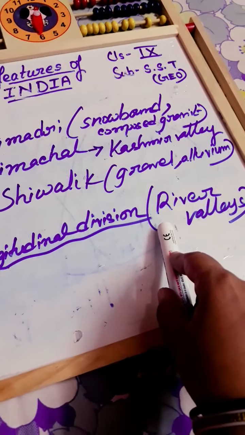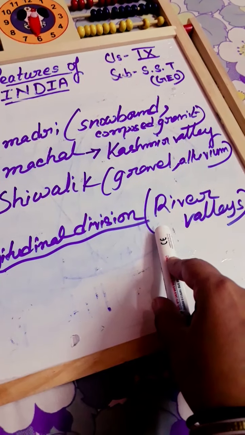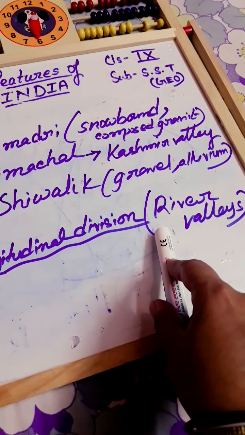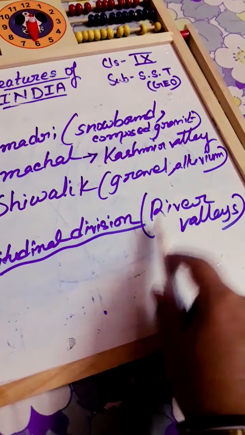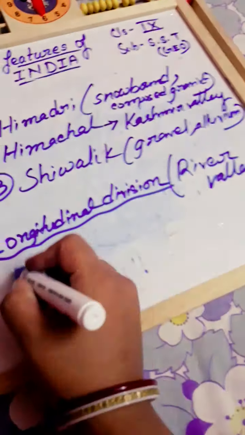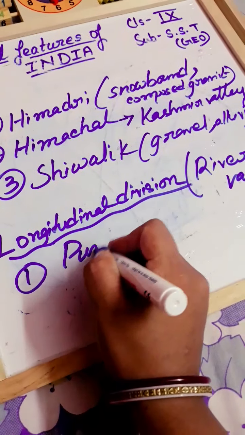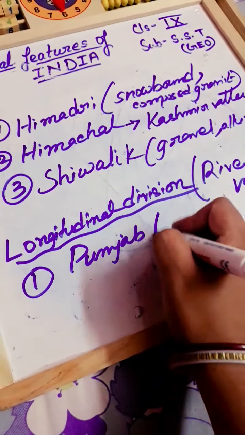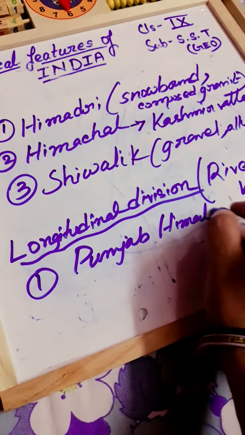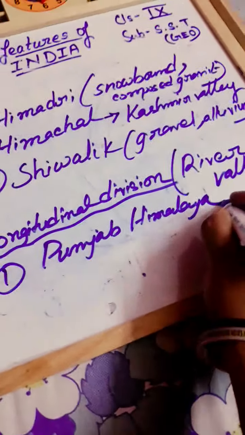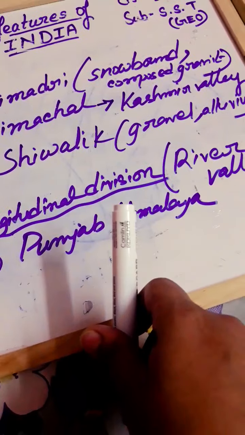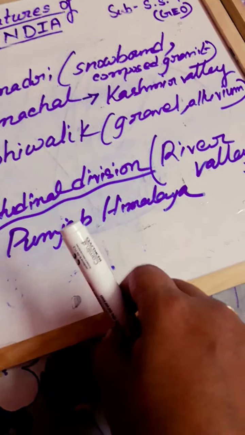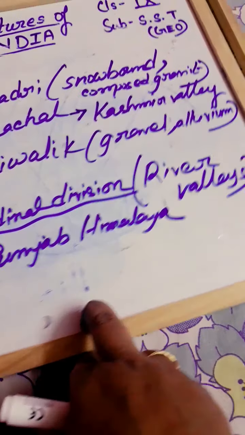And this longitudinal division is demarcated by river valleys. For example, the part of the Himalayas lying between the Indus and Satluj has been traditionally known as Punjab Himalaya. But it is also known regionally as Kashmir and Himachal Himalaya from west to east respectively.